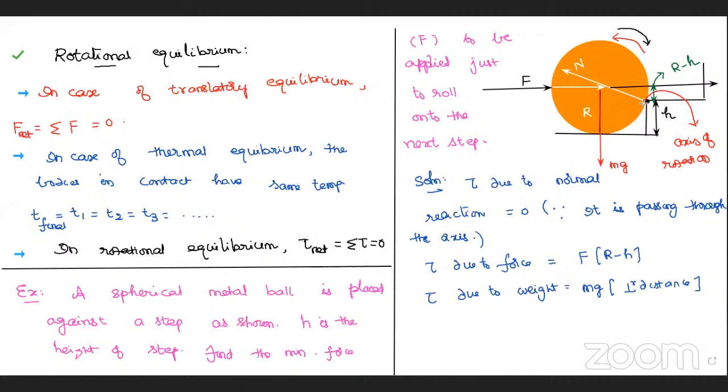I think it will be the perpendicular distance from the axis. I think this is not R. You can say the white line is R, because it goes up to the center.